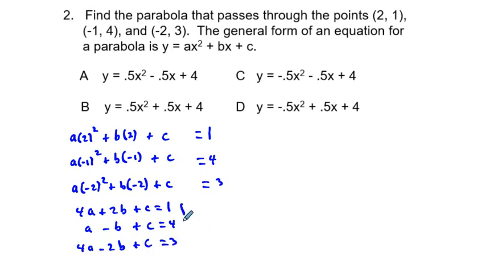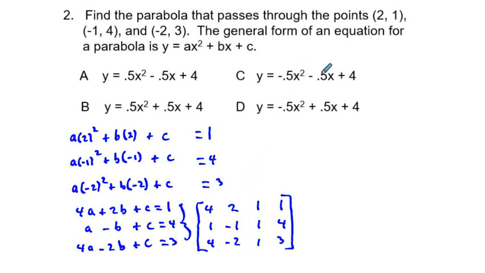We can take these equations and assemble them into an augmented matrix like this: 4, 2, 1, 1, and 1, negative 1, 1, 4, and then we have 4, negative 2, 1, 3. So that's one way of doing this, and we would be able to see what our answer is.